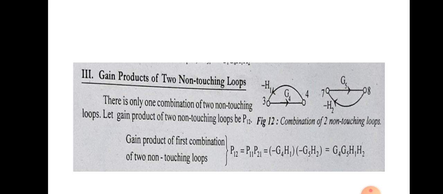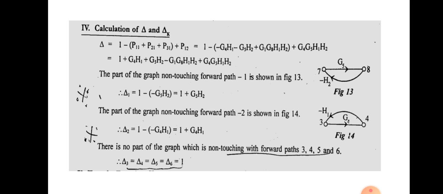Its gain product, notation P12, is obtained by multiplying P11 and P21. So it will be equal to minus H1 G4 into minus H2 G5, that is equal to G4 G5 H1 H2. That is the gain product of two non-touching loops.